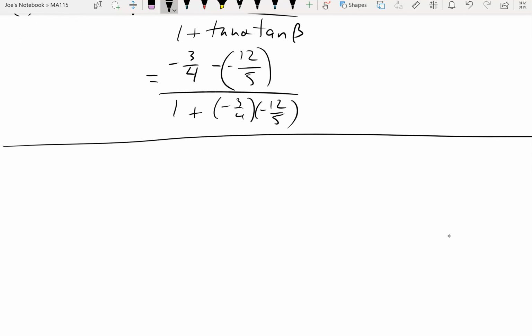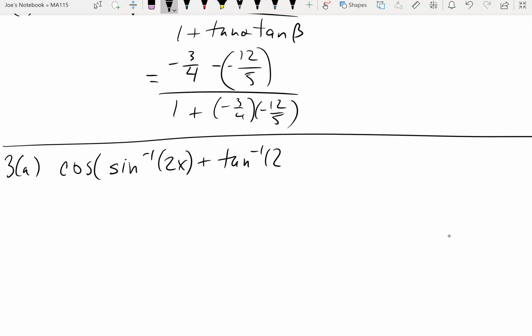All right, so for the 3a here, it asks you to simplify cosine of inverse sine of 2x plus inverse tangent of 2x. So remember, this looks weird, but we've done problems like this where we've simplified algebraically expressions that look like this.